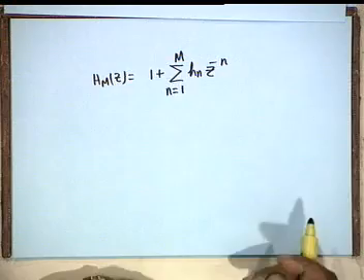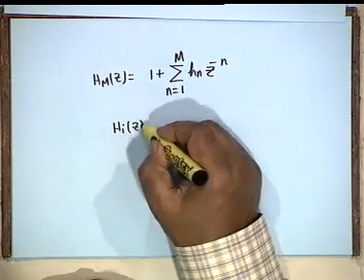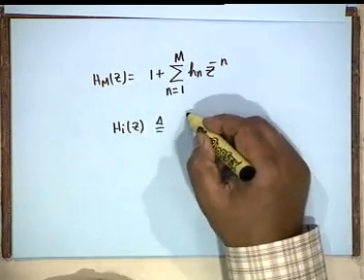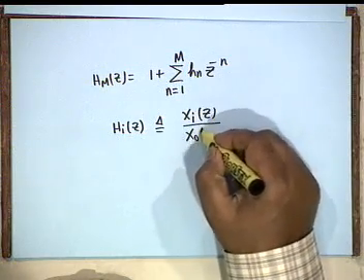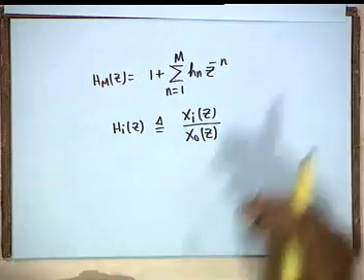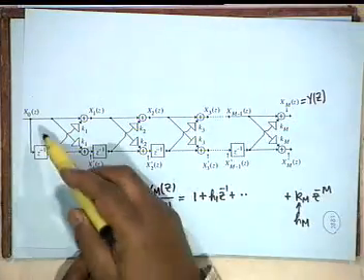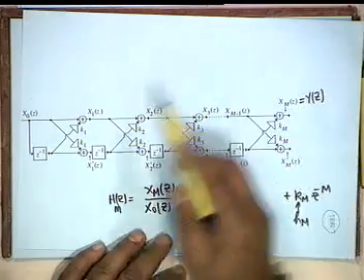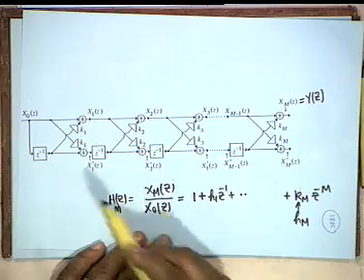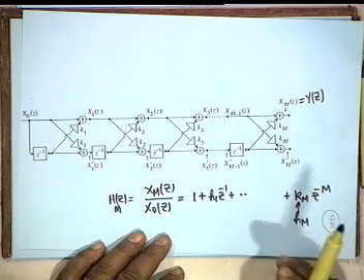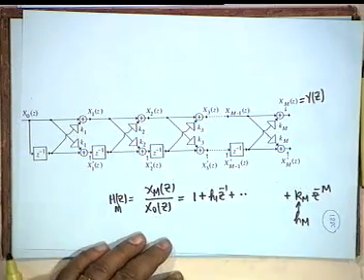We also take the notation that Hi of z we define as capital Xi of z divided by capital X0 of z. That is, Hi of z is the transfer function from the input to X1, X2, etcetera. So, capital Hm of z is the desired transfer function, but in between you get a lot of transfer functions.